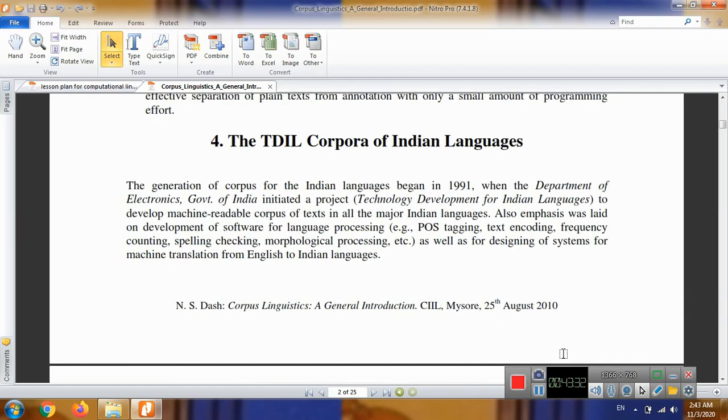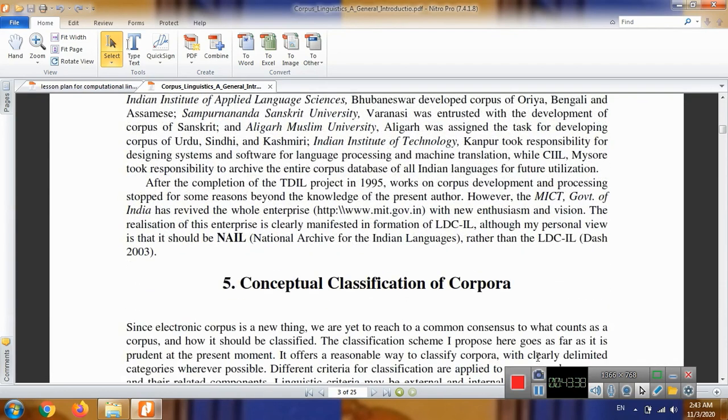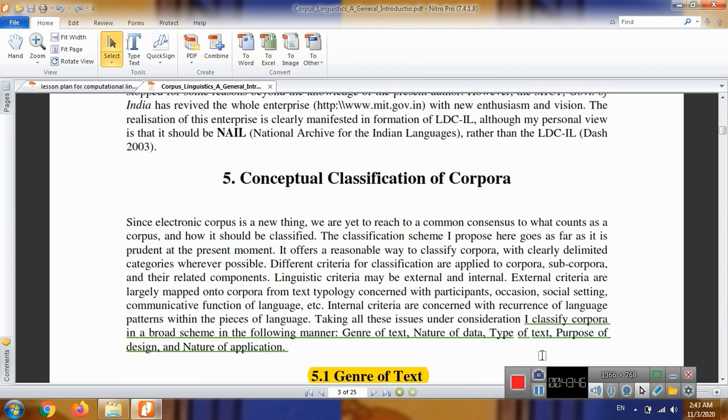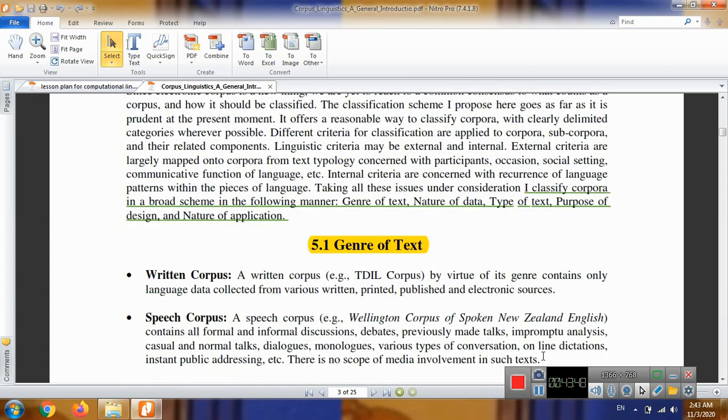Here we have the TDIL corpora of Indian languages, which is not very important for us, and there isn't any need to read these paragraphs. Another matter is the conceptual classification of corpora, which we had in a broad scheme in the following manner.